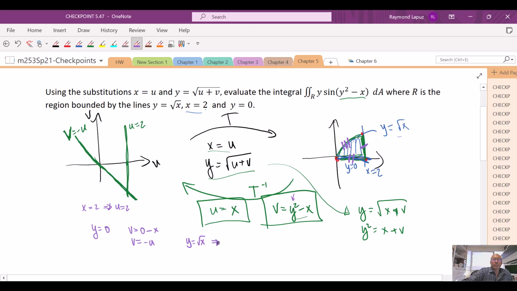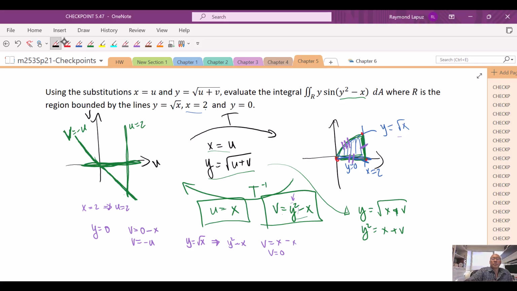This could be seen as y squared is equal to x. So we put that into y squared, so that's x, but then there's a minus x there. So I think I'm just going to get v is equal to 0. What is v is equal to 0? v is equal to 0 is the horizontal line. And I think we have our region.